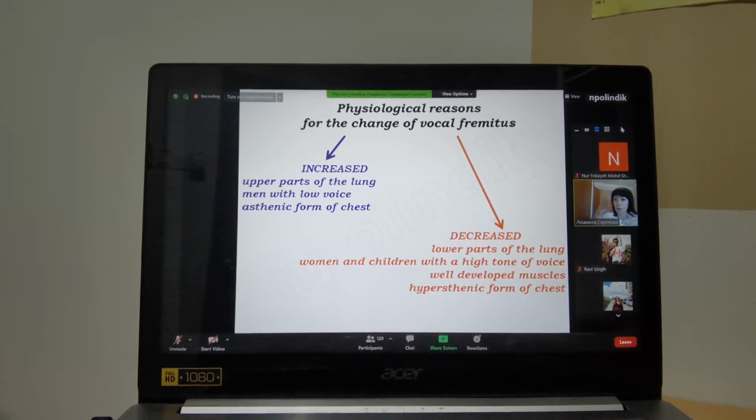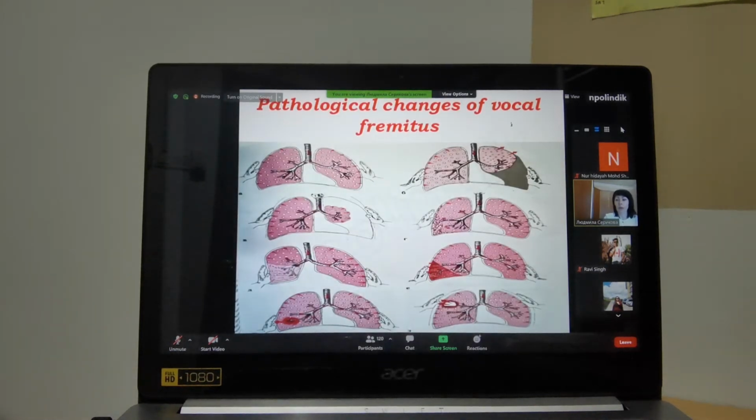And I said about the high-pitched voice, plus asthenic patients, versus hypersthenic, because for hypersthenic the chest wall is a little bit thicker. I am talking about chest wall thickness, like this.